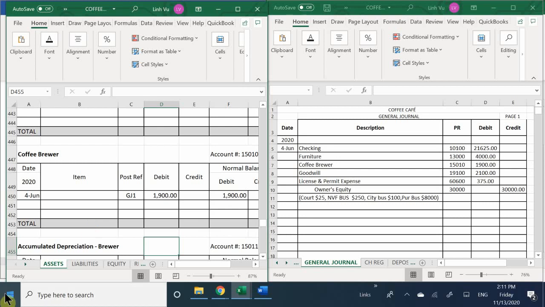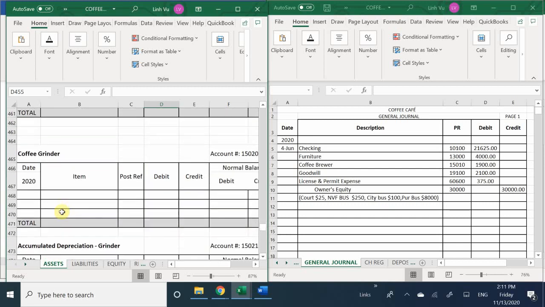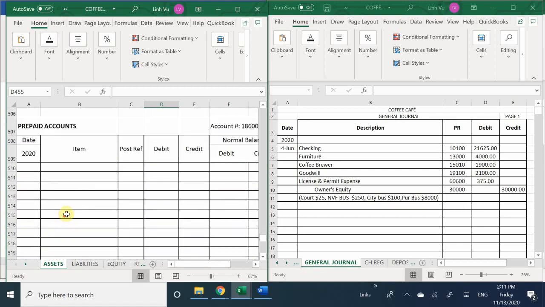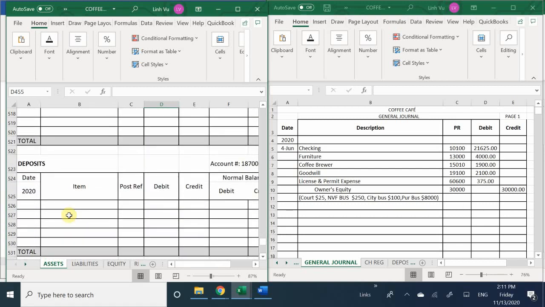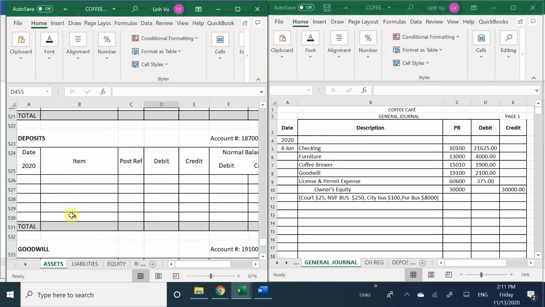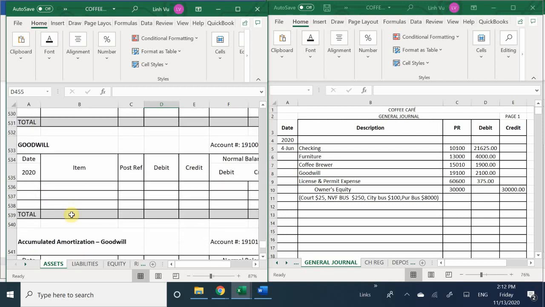Just like this, we're going to scroll all the way down till we hit our intangible assets. Here's my deposits. Here's my goodwill. All right, so for 6-4, it's up to you if you want to indicate that this is a business name.